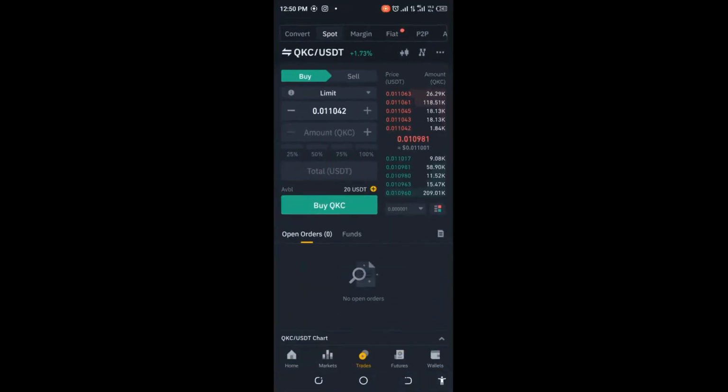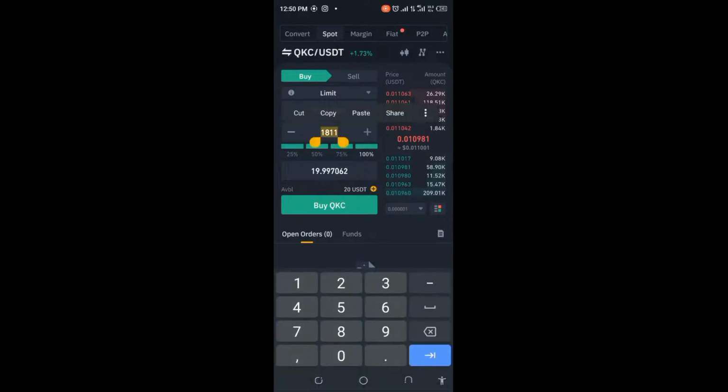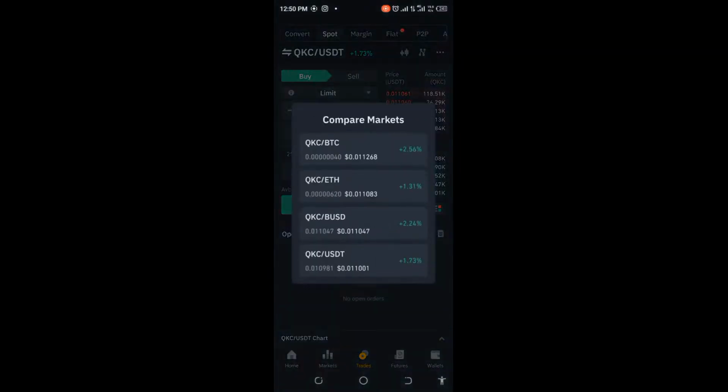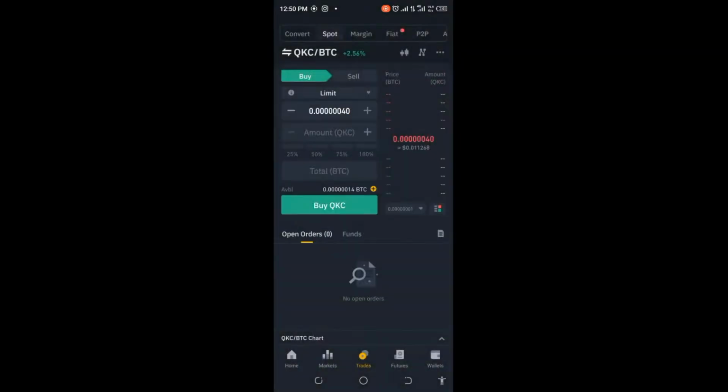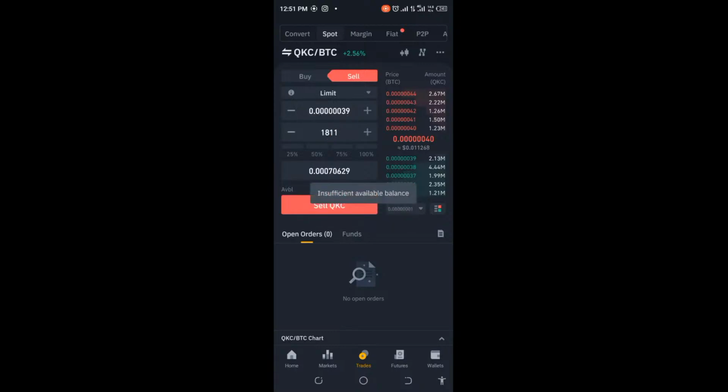I'm going to pick my first red here, put the 100%, pick out the 1811. I'll also go to the BTC side of things and pick out the first green, because don't forget I want to sell. So I'm going to pick out the first green, which is 39, and I'm going to put all my QKC there. What do I get?